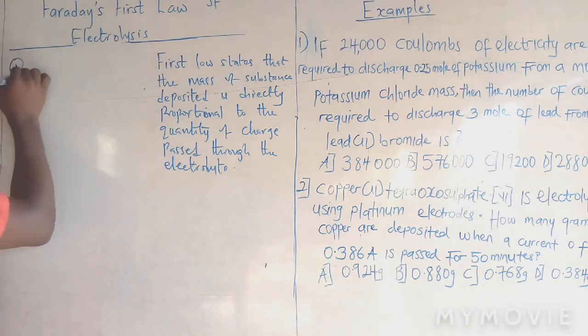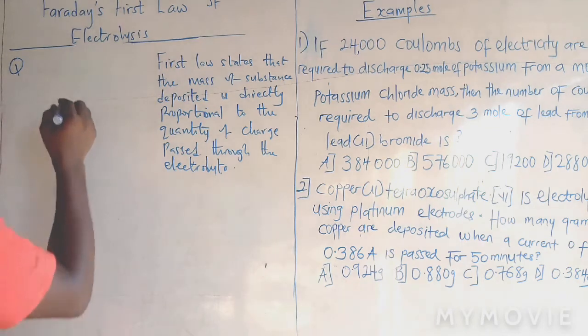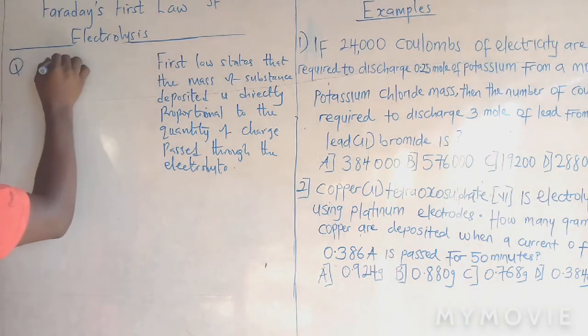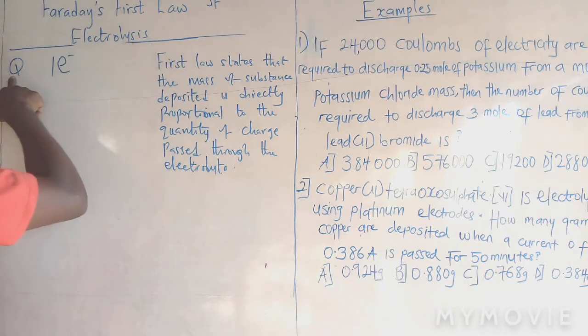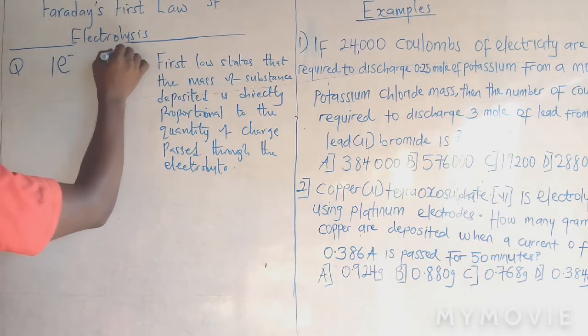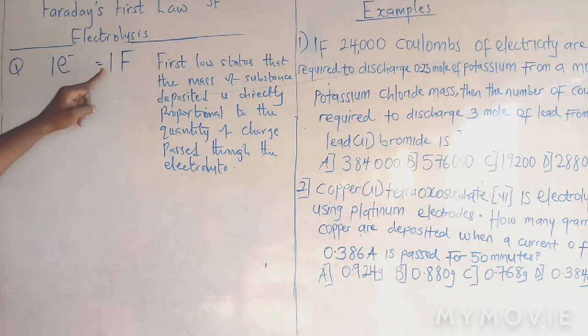Let Q be the charge passed through the electrolyte. The charge required for 1 mole of electrons is given to be 1 Faraday.